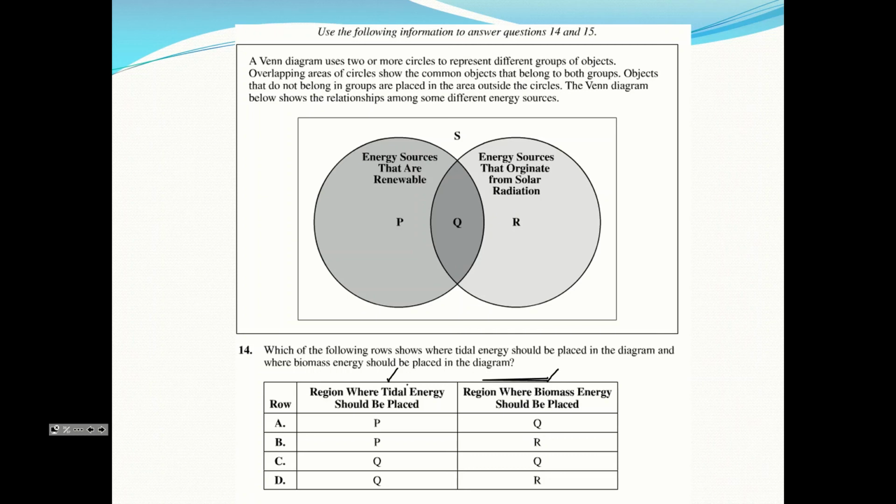Tidal does not originate from the sun, but biomass does originate from the sun. So biomass is going to be in Q because both apply. But tidal is renewable, P, but it doesn't originate from the sun, so it's going to be P. So A is the correct answer.